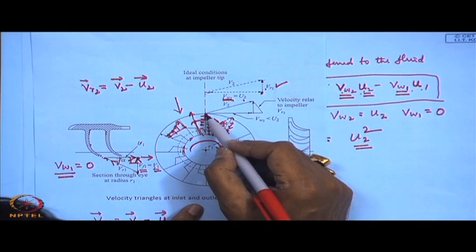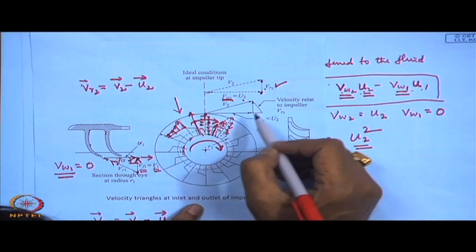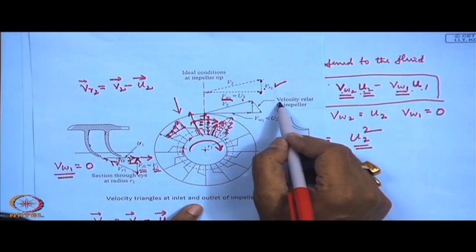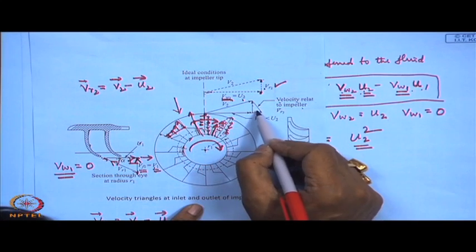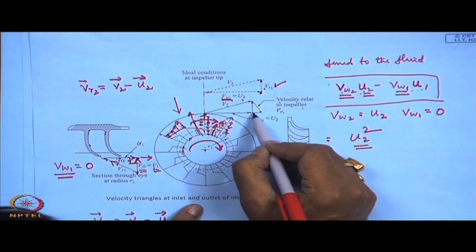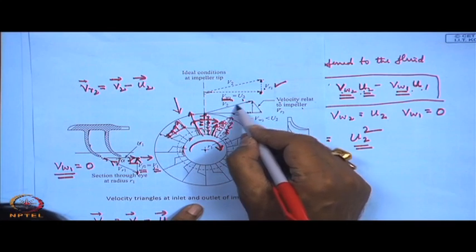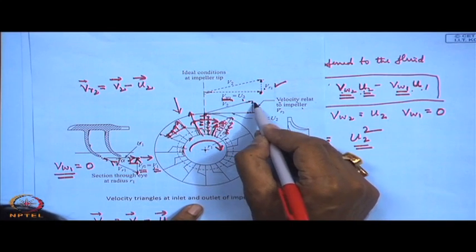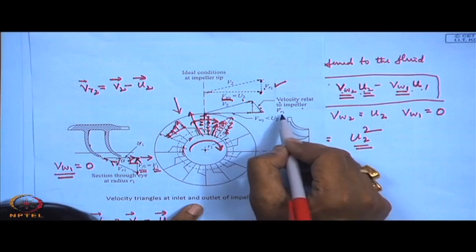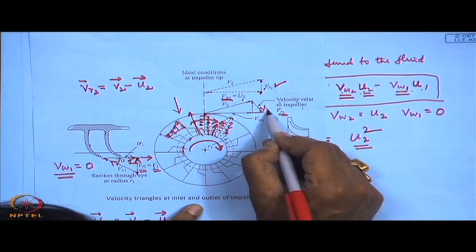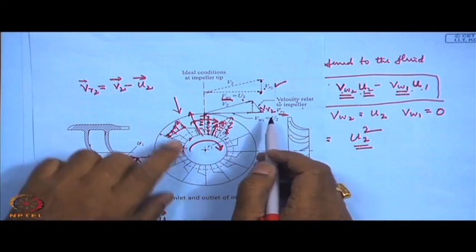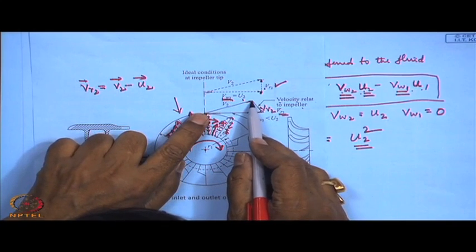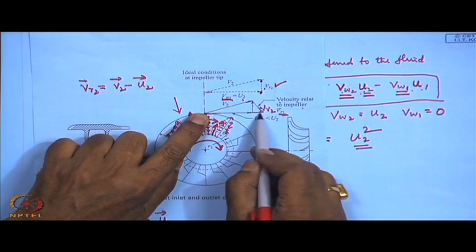That means the direction of the fluid relative to the blade is changed like this. So this is the velocity relative to the impeller. Here you see this velocity triangle. So this is now the VR2, and therefore if this becomes VR2, then this is the changed velocity triangle.